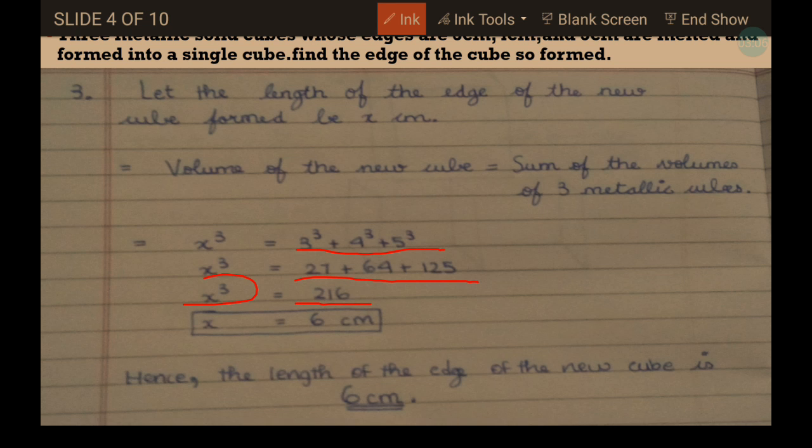Here x cube is 216. Then what will be x? It's 6 centimeter. What have they asked us to find here? The edge of the cube. So the edge of the new cube is 6 centimeter.